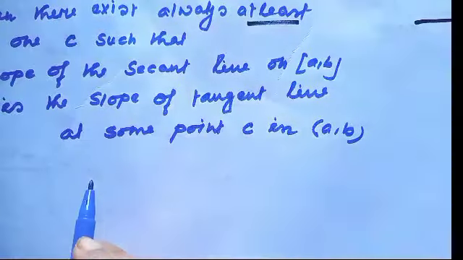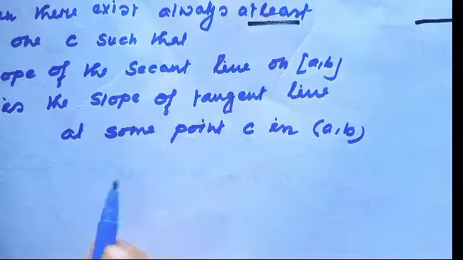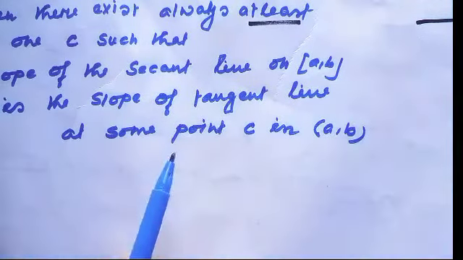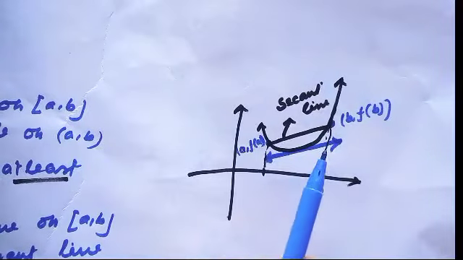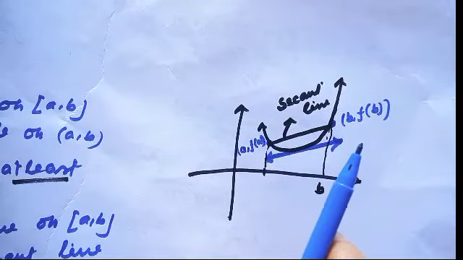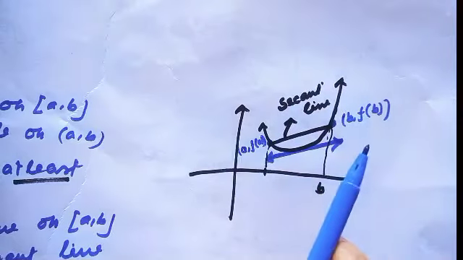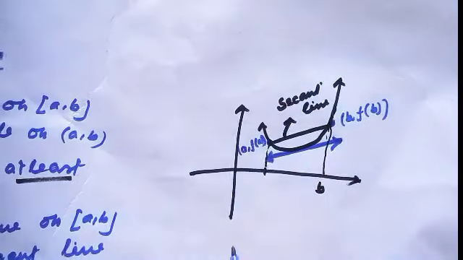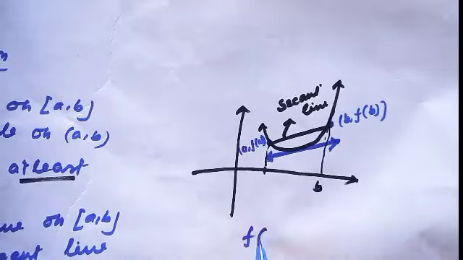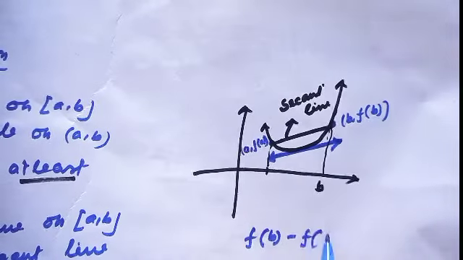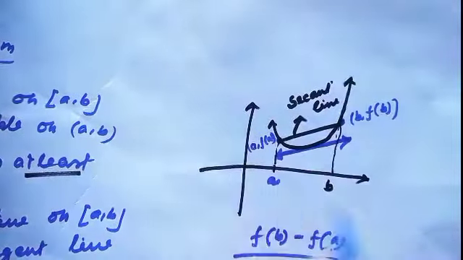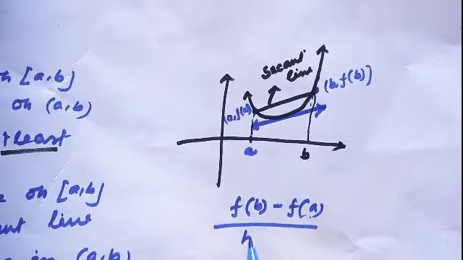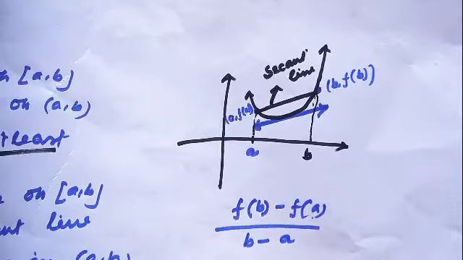That means mathematically, the slope of the secant line, we all know, is y2 minus y1 over x2 minus x1, and this would be f(b) minus f(a) over b minus a.